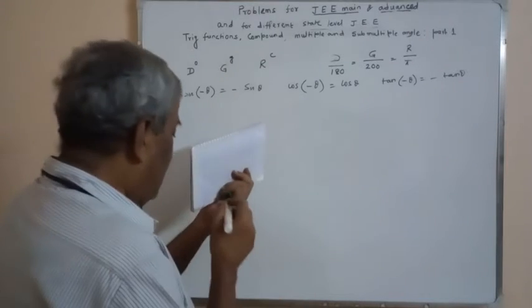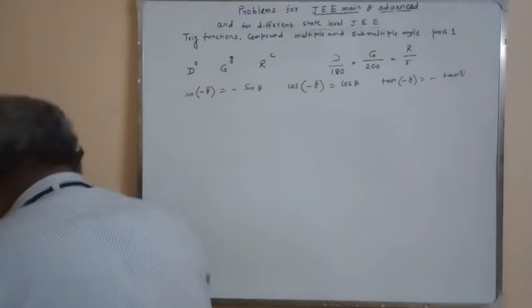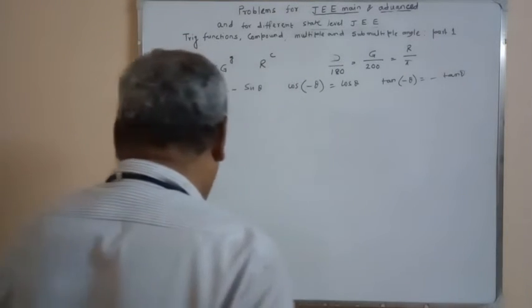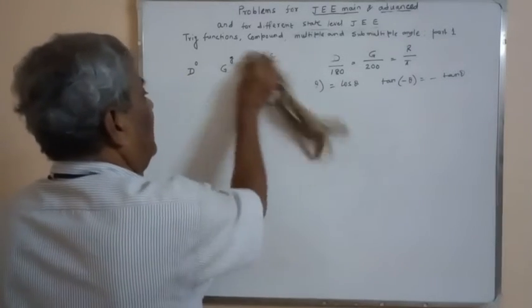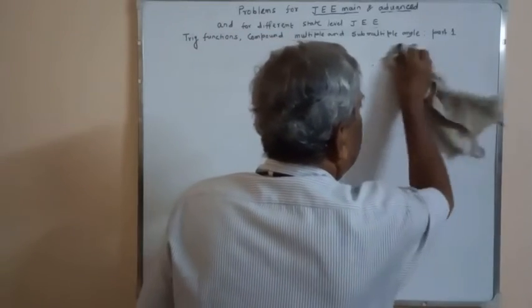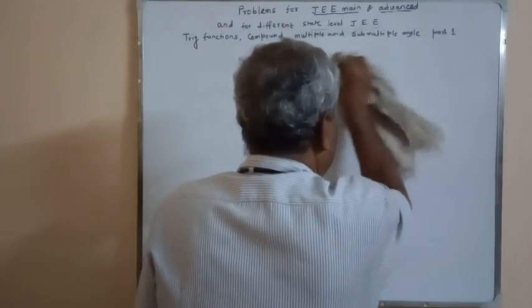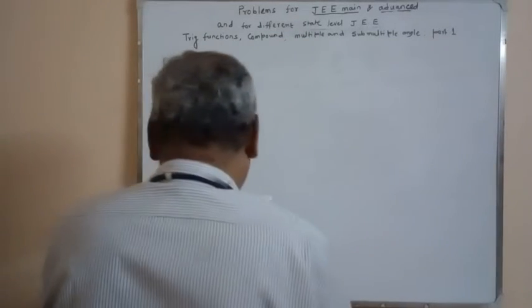Next, increasing and decreasing nature of trigonometric functions in different intervals. Increasing and decreasing nature of different trigonometric functions in different intervals. What is that?